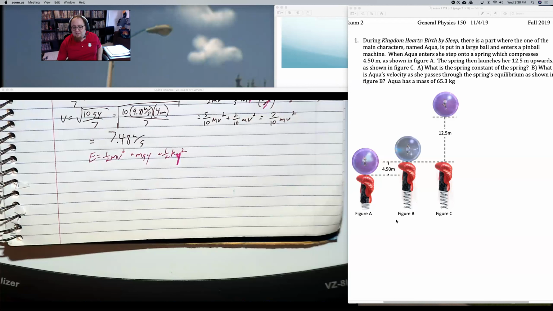And so I have to say that the height is 0 at point B, because that's where it's not compressed. If that's true, that means my height at A is below my 0 point. So my height at A is negative 4.5 meters, negative because I'm below the point. And my height at C is 12.5 meters.